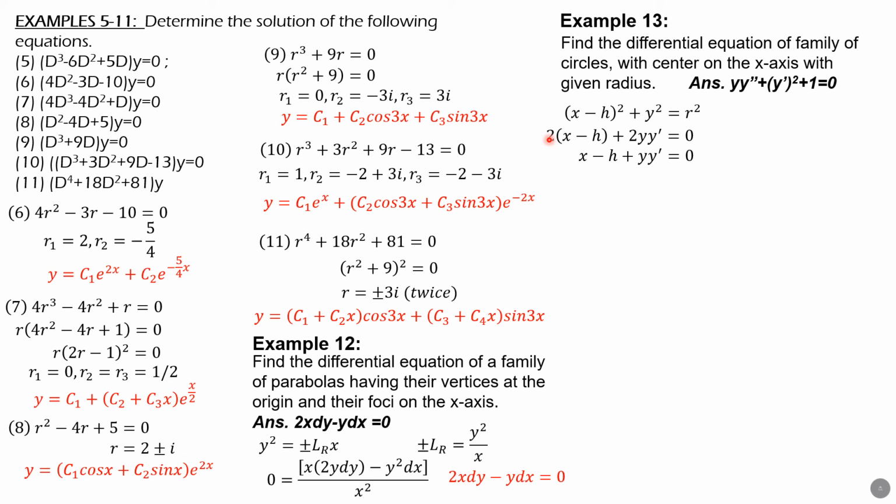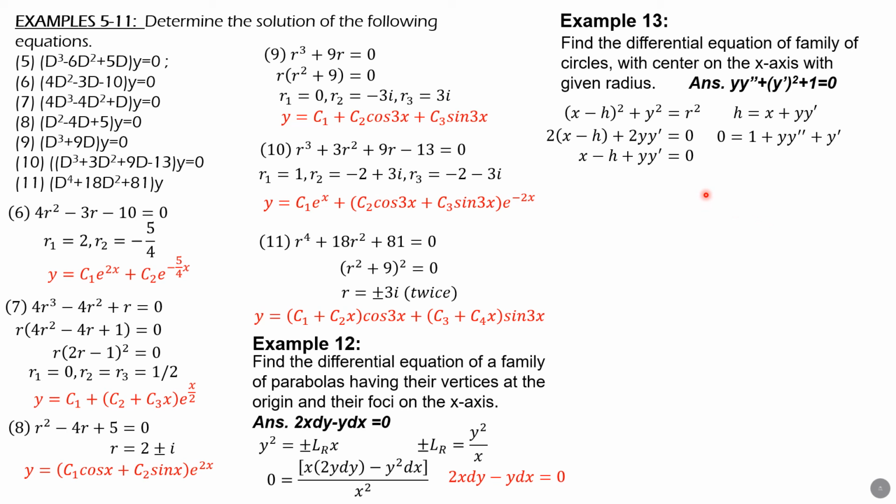We then eliminate h. We can eliminate h from this form, or we may write h in terms of the other variables. So h is x plus y prime. So we can eliminate this second arbitrary constant by differentiation. So derivative of h with respect to x is 0. So 0 equals 1, derivative of x is 1, plus derivative of product y double prime plus y prime times y prime equals 0.